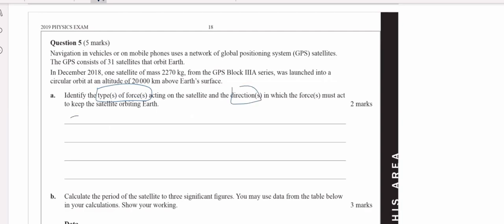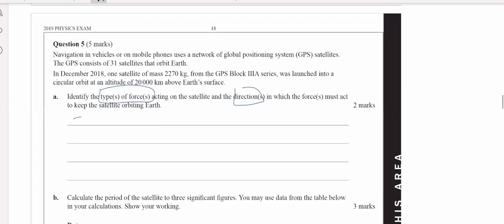So, if it's orbiting, it's just gravitational force. Gravitational force on the satellite is towards Earth.